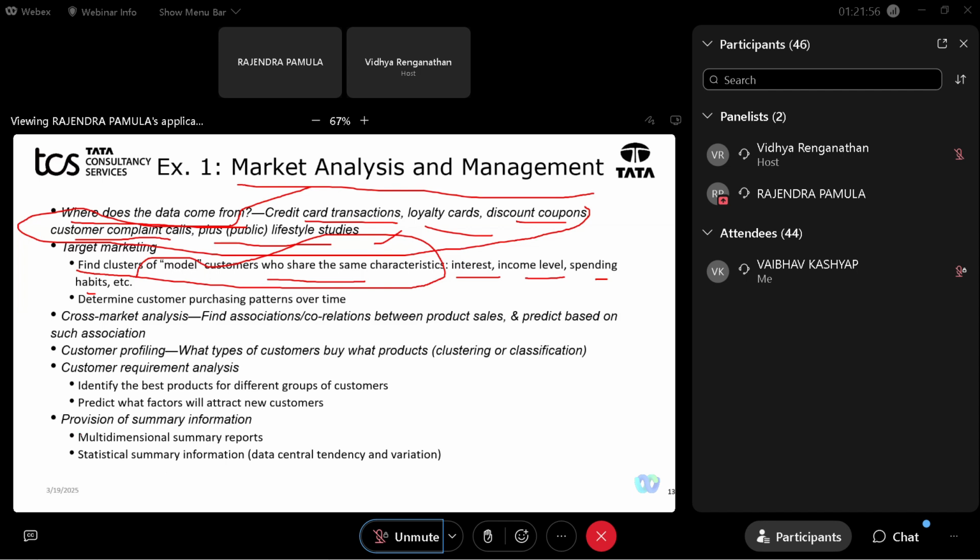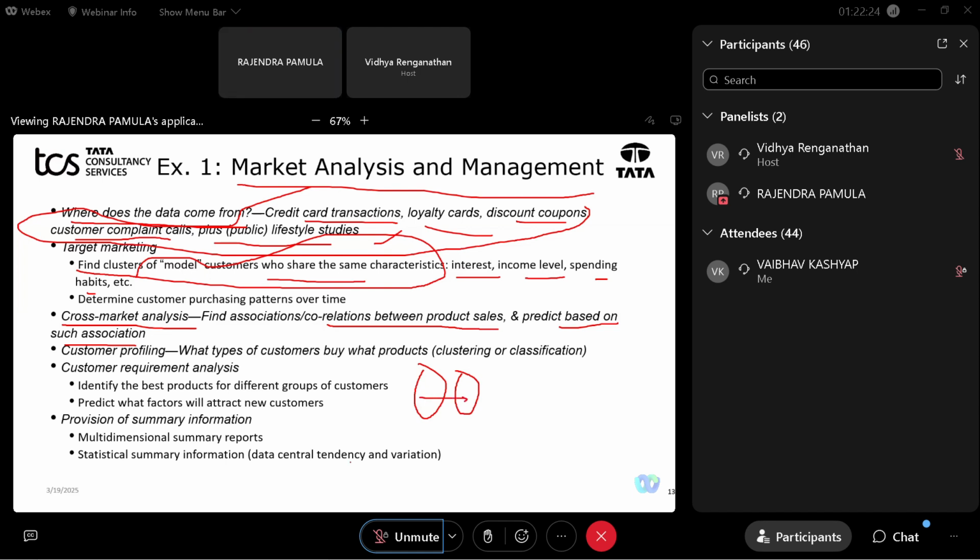Okay, we can use it for cross market analysis. What is cross market analysis? It is the correlation between product sales, to predict based on such a situation. Generally you find a market where if you buy this one, you get some other benefit.